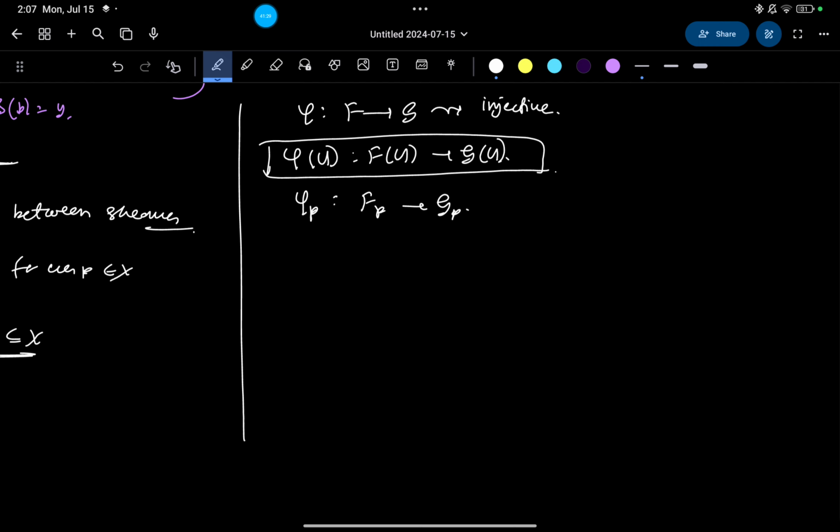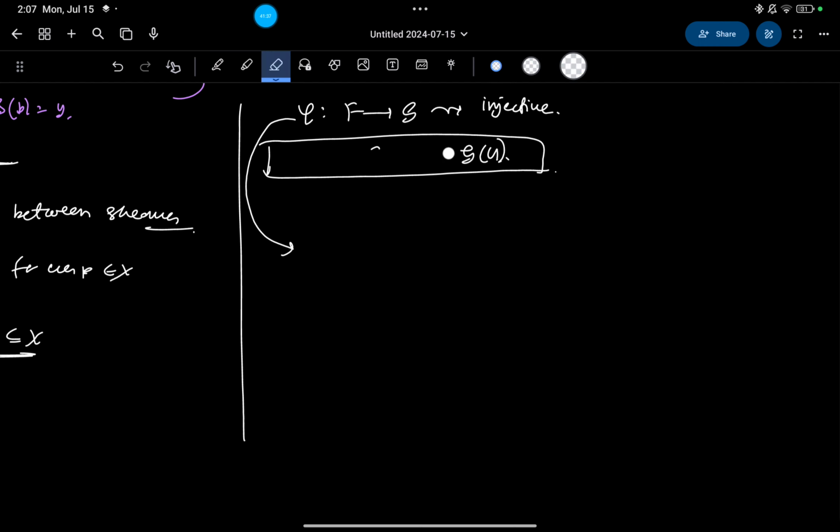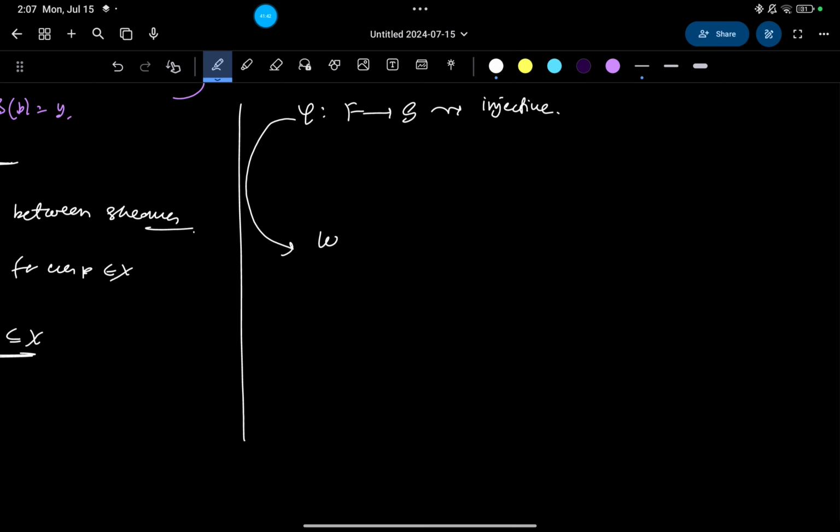Phi is injective means, if we consider the kernel of phi, what is the kernel of phi? Phi is said to be injective if the kernel of phi is 0.